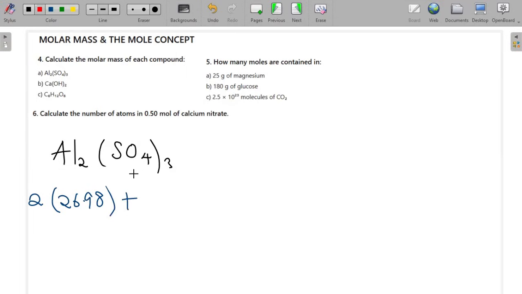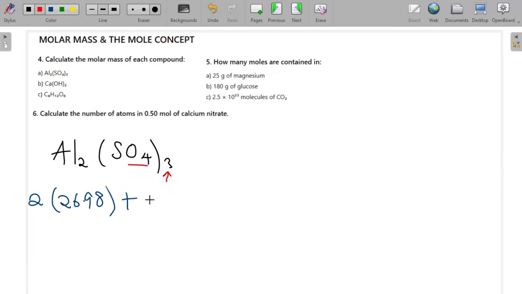Here, most of you get it wrong. There's this SO4 in the brackets, and then there's this 3 outside, right? So this 3 is multiplying everything inside. Since we have one sulfur inside, I'll just multiply that one sulfur by 3. And since we have 4 oxygens here, I'll multiply that 4 by 3.